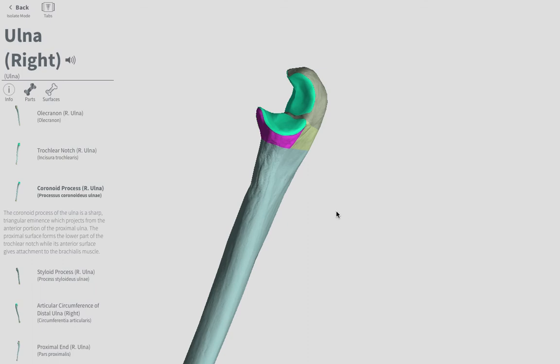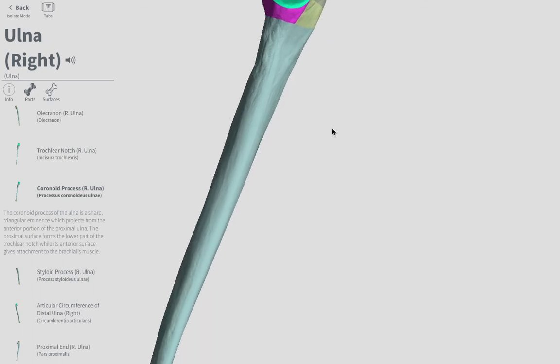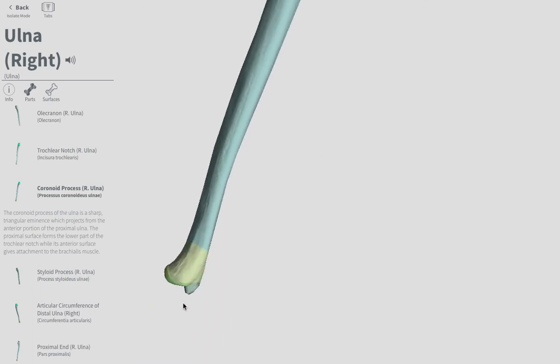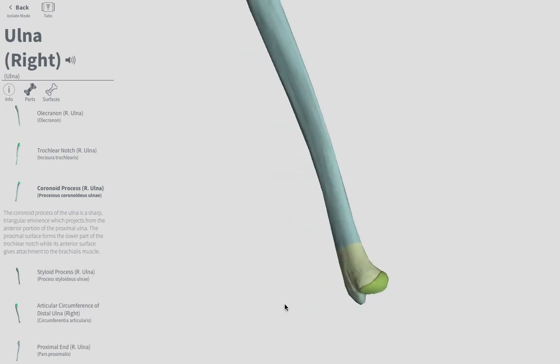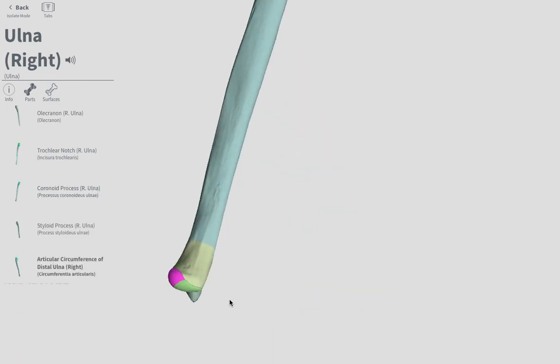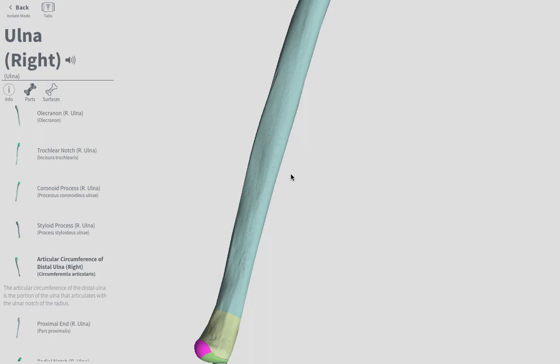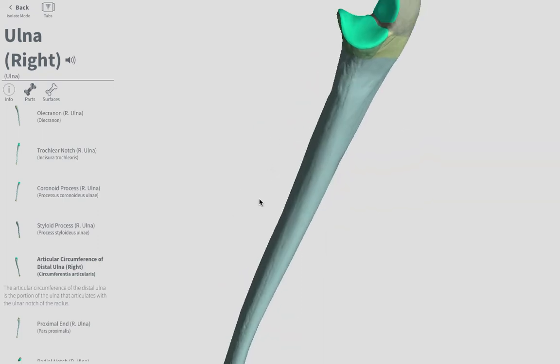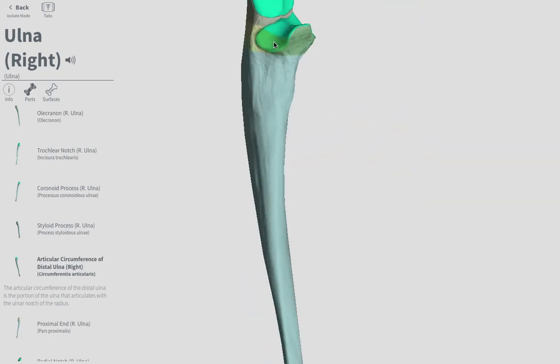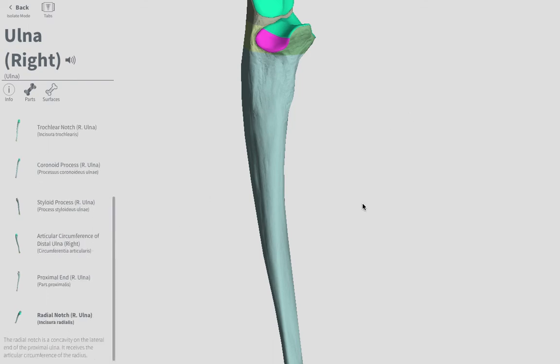And then our last surface is the radial notch, which will also be on the distal end. No, excuse me, the radial notch is on the proximal end, because the radius will articulate there.